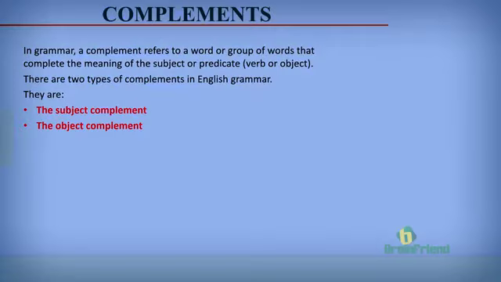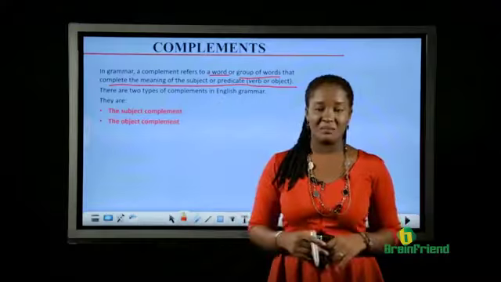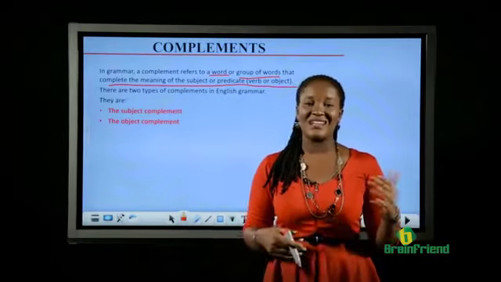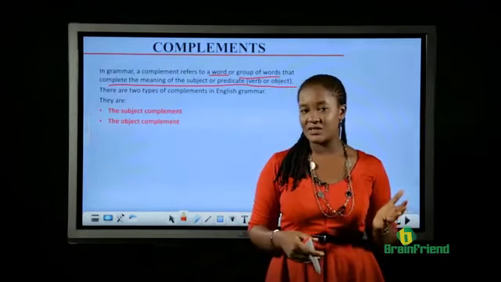A complement simply refers to a word or group of words that complete the meaning of the subject or predicate. Simply put, complements are words that describe other words in a sentence, maybe nouns, pronouns, verbs, adjectives, or adverbs.